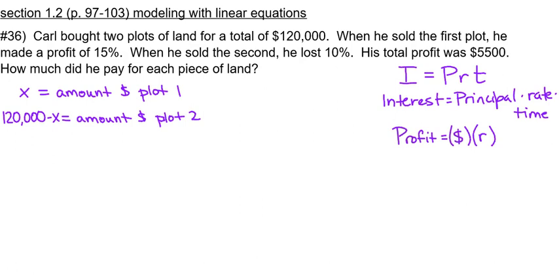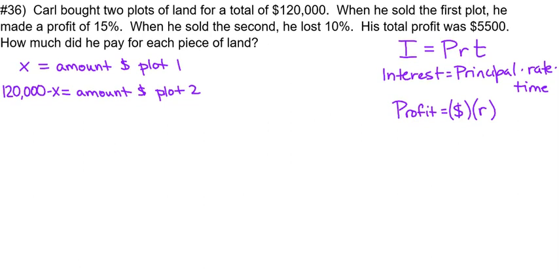Okay, he made a profit of 15% on the first plot, then he lost money on the second plot. So if we take the profit minus the loss, we're going to get his total profit in the end. So we'll have this kind of setup. Profit on the first plot minus the loss on the second plot will equal the total profit.